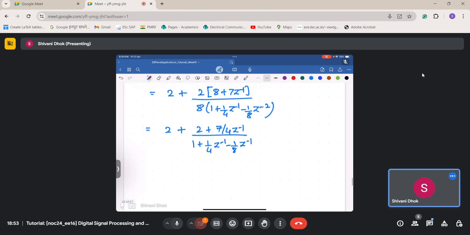Now this factor is sorted. This is okay. Now we can just use the partial fractions method to simplify this part.